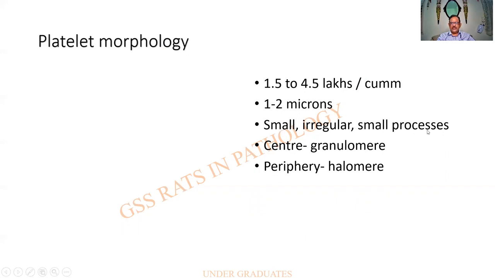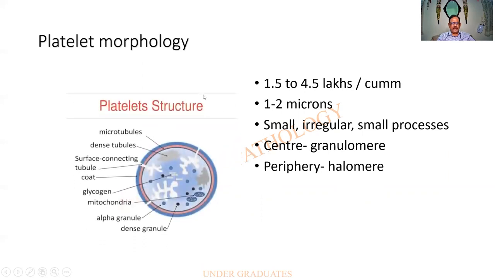Sometimes when it is active, there can be minute processes on the surface, just like an amoeba. The center contains granules and is called the granulomere, whereas the periphery is more hollow or clear. So this is the normal morphology of a platelet. And that is what we are seeing over here, the structure of the platelet.